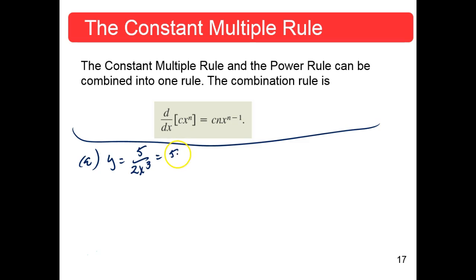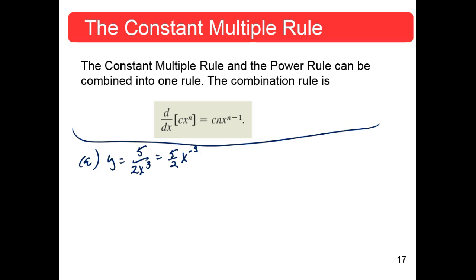Okay, say that one more time. It's actually 5 halves. The 2 doesn't move upstairs. 5 halves, that's your coefficient part, x to the minus 3. You see that? Don't mess with the coefficient. Leave it alone. 5 halves. Take that, and write it in exponential form, out of rational form into exponential form. Okay?